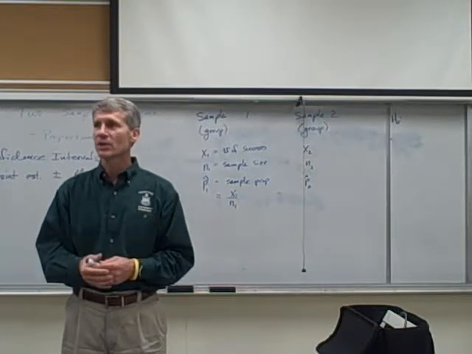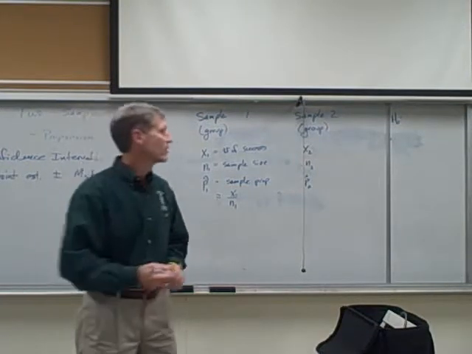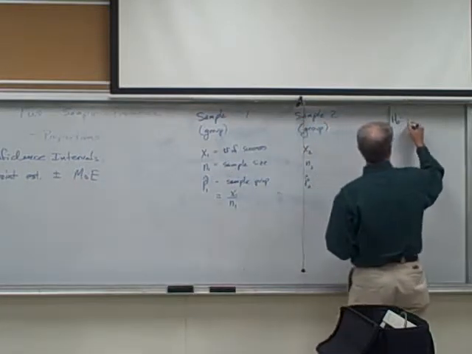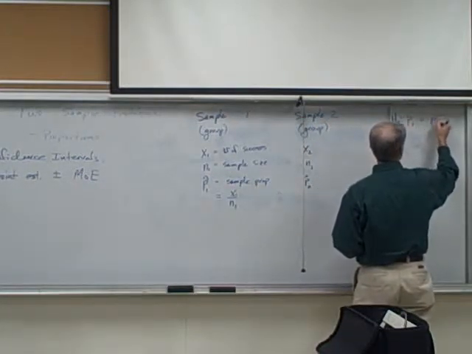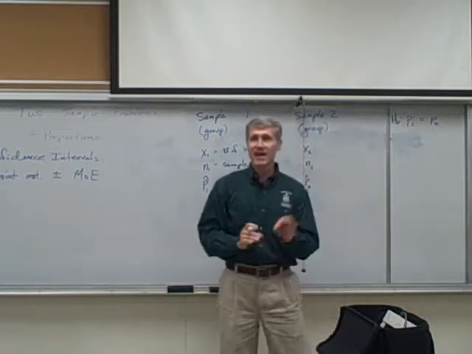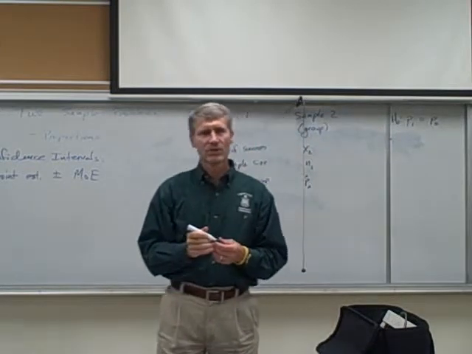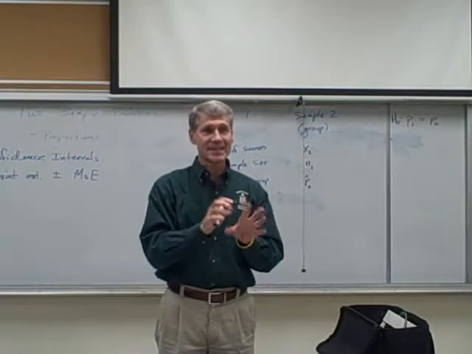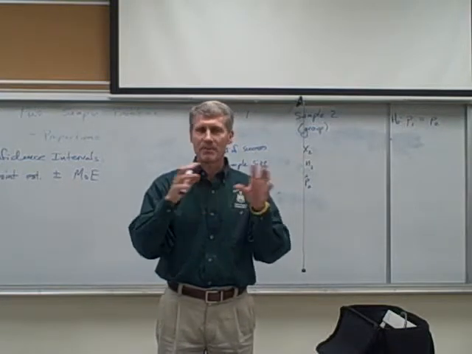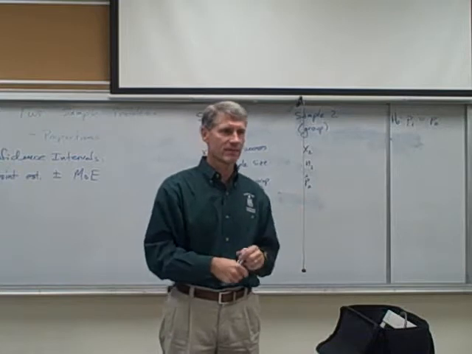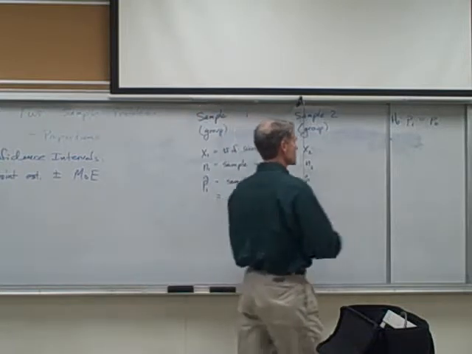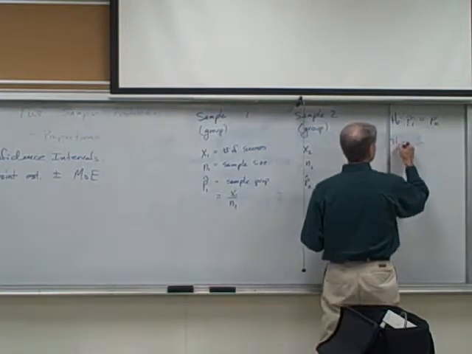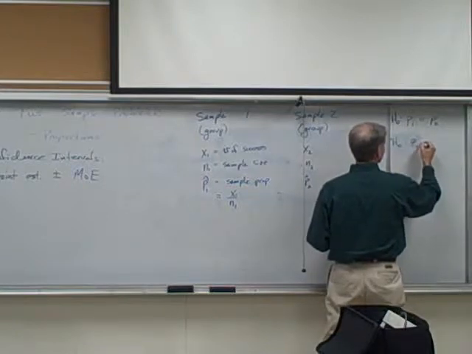Null means none, no difference. So you can write that two ways. You can write P1 equal P2. Notice it does not have a hat on it. The null hypothesis and the alternative hypothesis, you never put your sample values in there. It's always the population parameters that go in there. Right? Now, algebraically, that's equivalent to saying this.